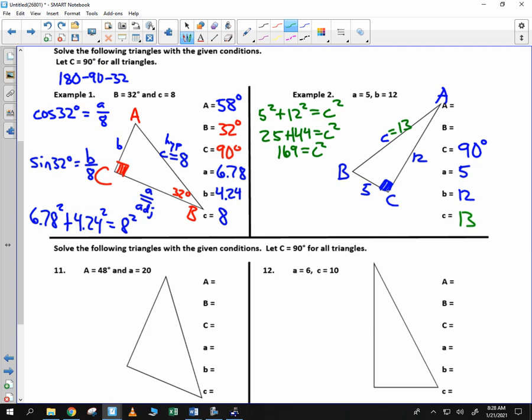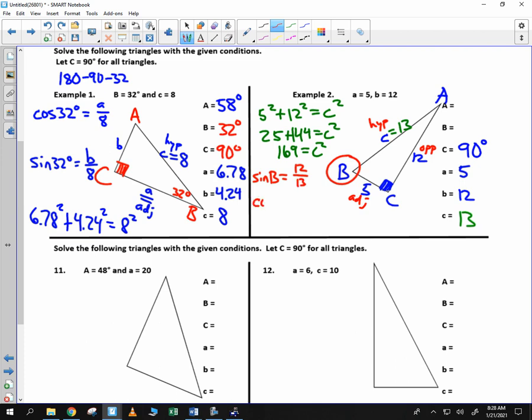Now you can find angle A or angle B. It's up to you. I'm going to focus on angle B. If I focus on angle B, this is the hypotenuse, this is the opposite, and this is the adjacent. And you could really set up one of 3 trigonometric functions to find that. You could have the sine of B is equal to the opposite, which is 12, divided by the hypotenuse, which is 13.